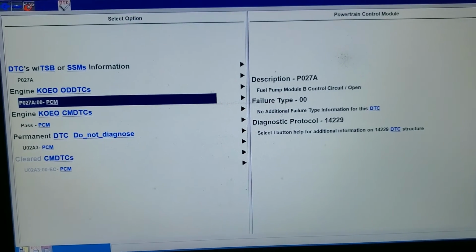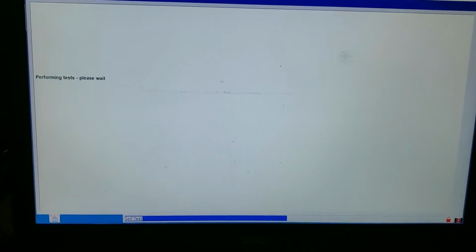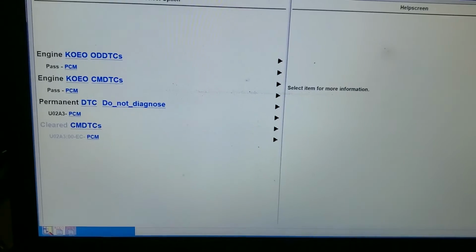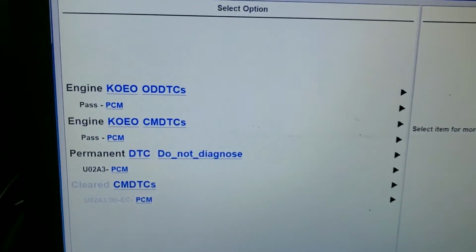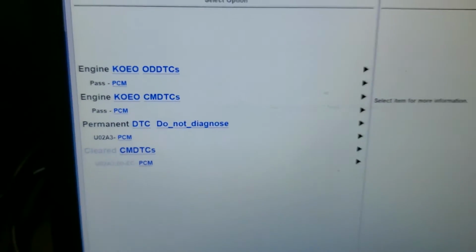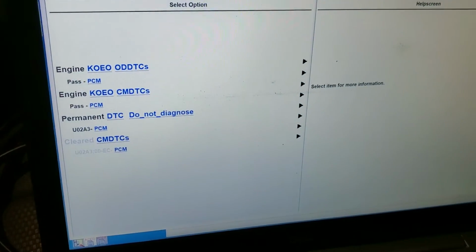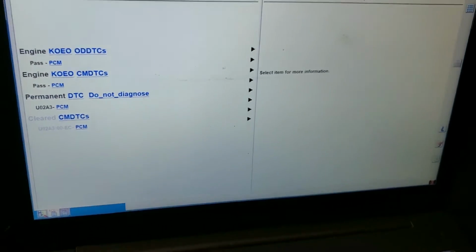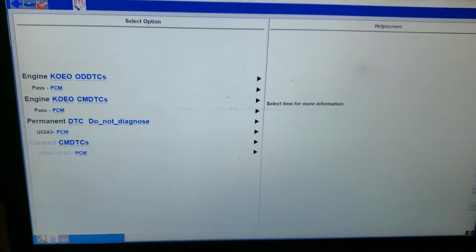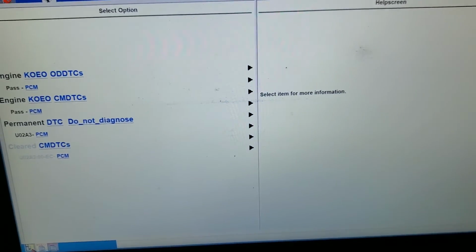Let's rerun our self-test. Okay, we ran the self-test and our on-demand code has gone away. So I'm only led to assume that the failure that we had was causing an erroneous DTC to set through the network, through the PCM.